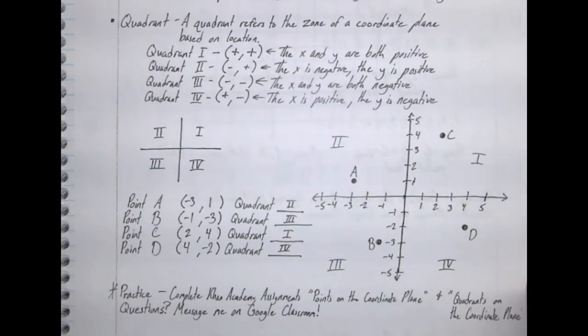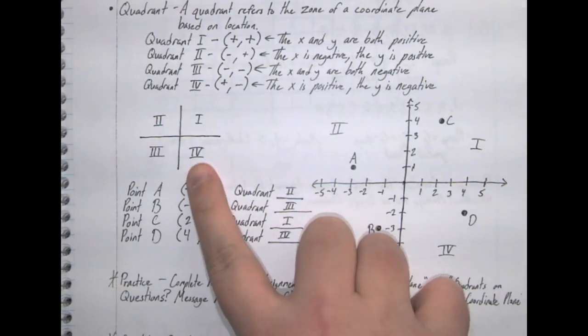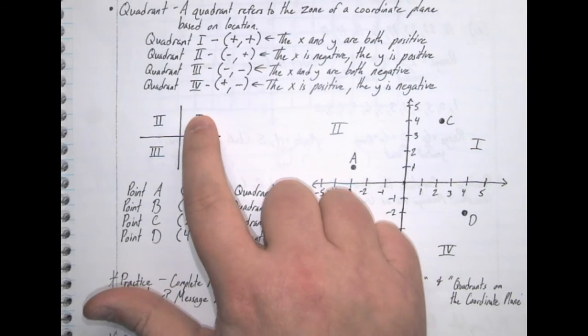Now, a quadrant is the zone of a coordinate plane based on location. Now, that is a very vague definition, so I like to use examples and a little bit of a cheat sheet to show you how that stuff works. So quadrant 1, and on our example here, you'll see quadrant 1 is right here.